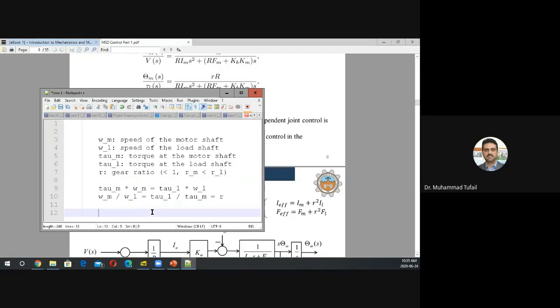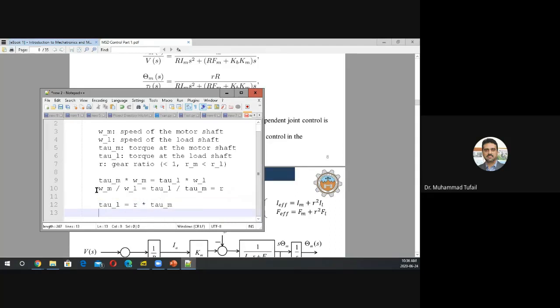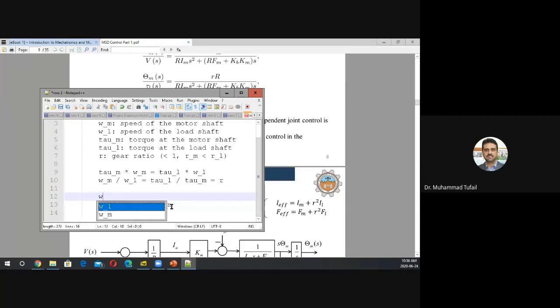Now we can see here that tau L, taking this to the right side, is R times tau M. Similarly, we can write one equation for speeds: omega M is R times omega L. From that, we get these two equations.